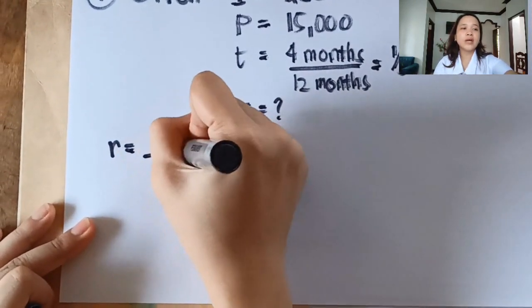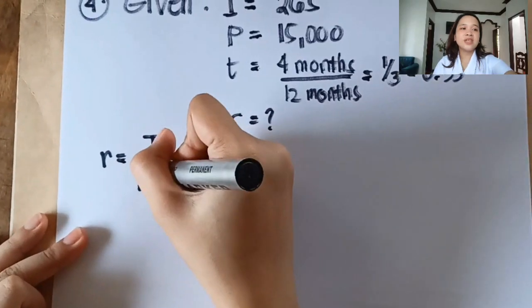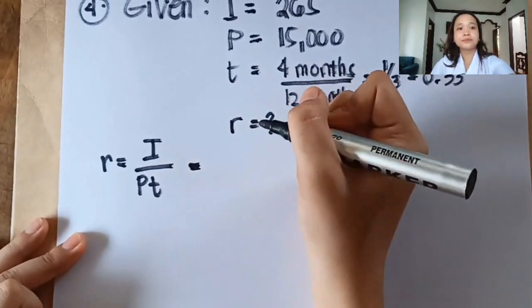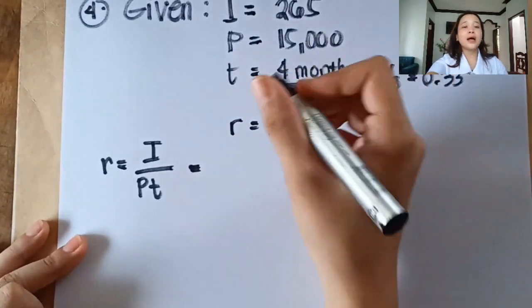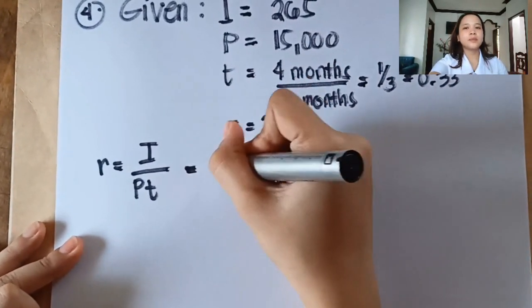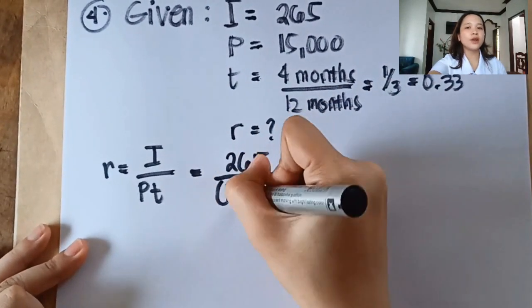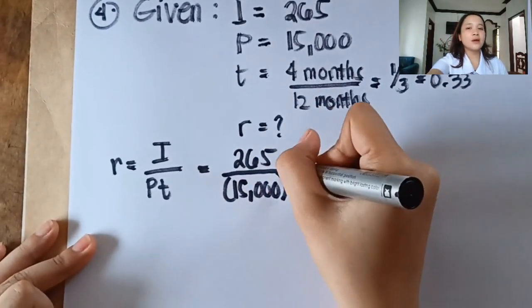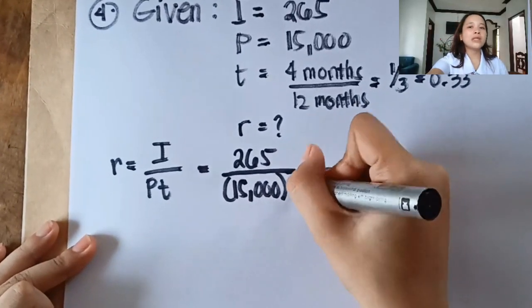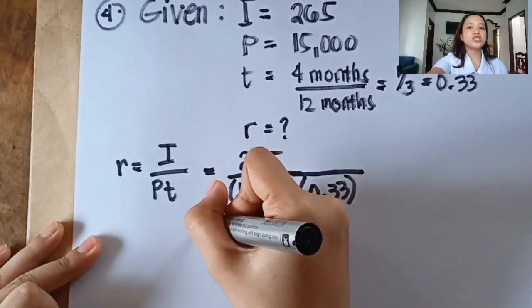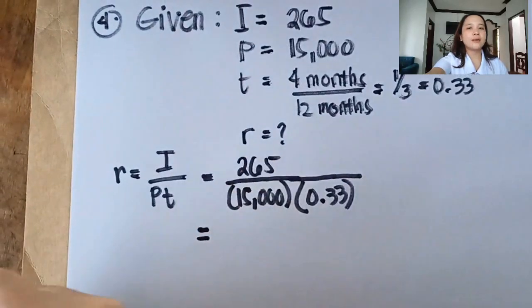To solve for the rate of interest, we have this formula: interest divided by the principal times time. So we have the interest 265 over the 15,000 multiplied by 0.33, which is our time.